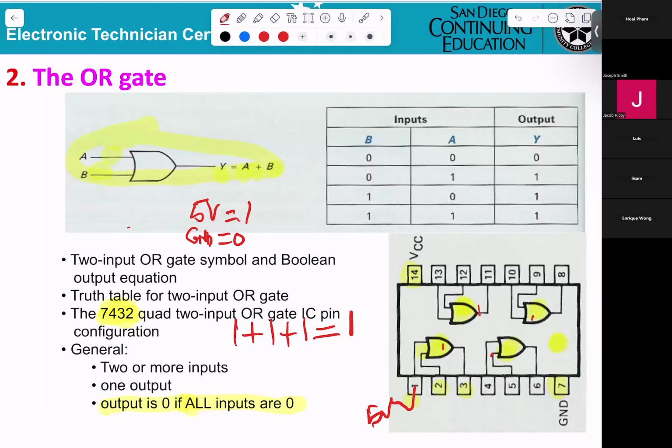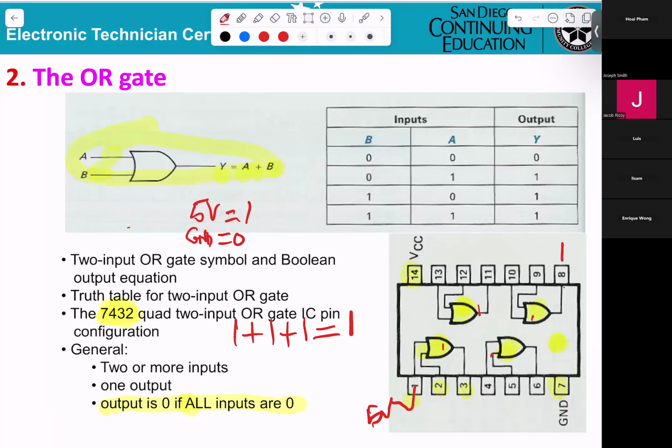So in binary, here you can only work with 5 volt for logic 1 and ground for logic 0. If you say I connect the output here to 1, now how can I connect to 1?